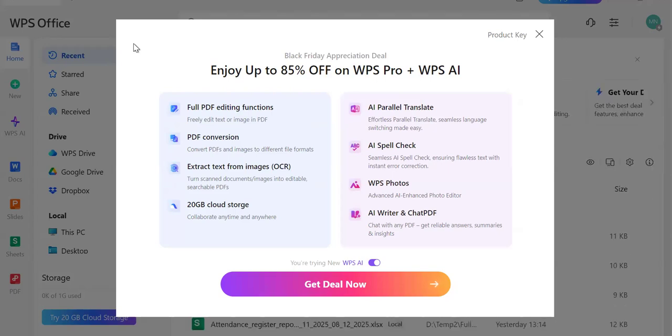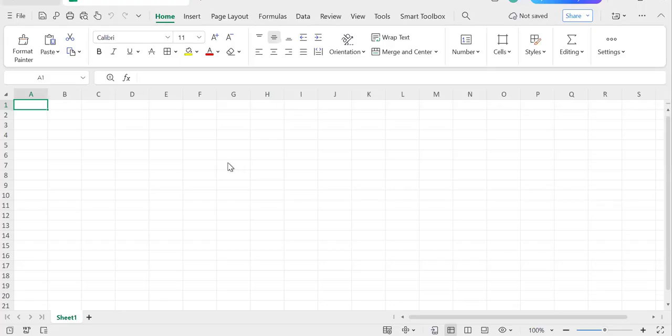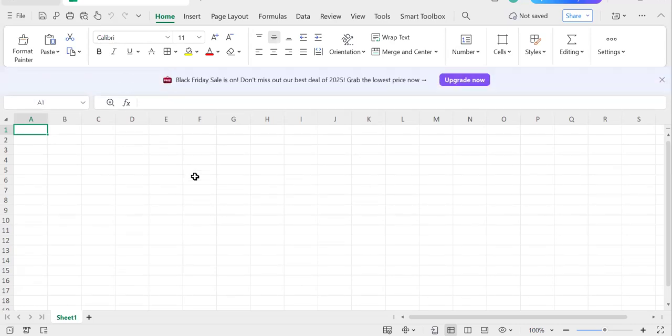You can open Excel and do what I'm doing. So this is Excel, and here let's try to understand one prediction: house price prediction.